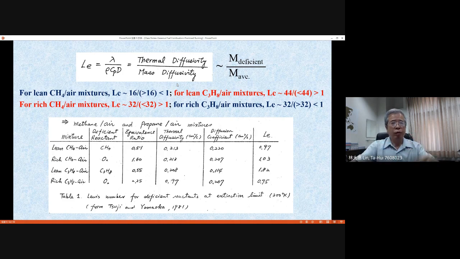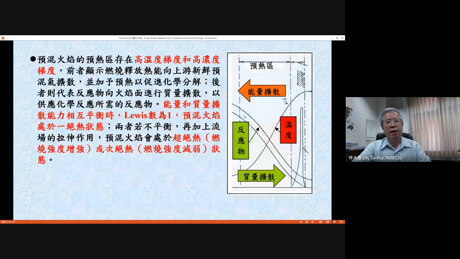Go back to our previous flame structure. Here there are two concentration lines. One represents the abundant species, and the smaller one represents the deficient species. Usually the abundant one has a higher concentration than the deficient component.